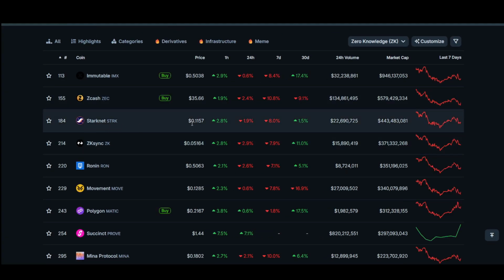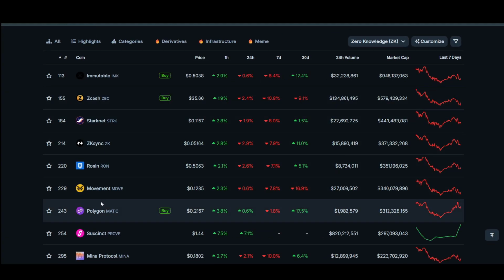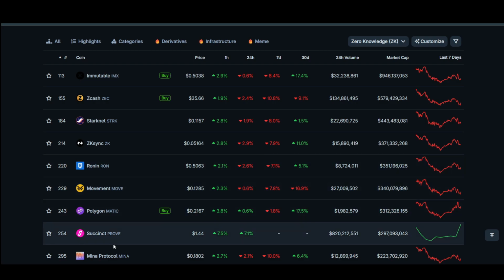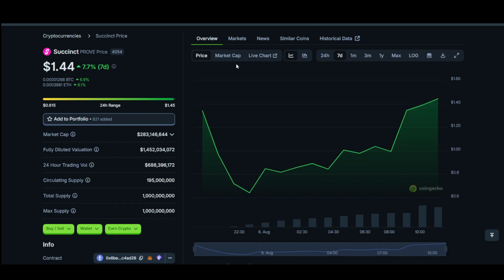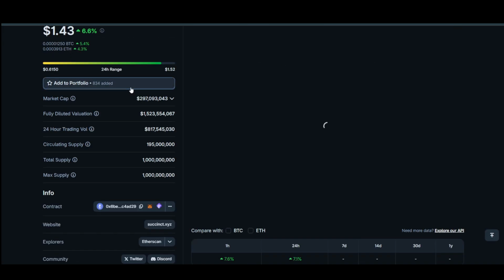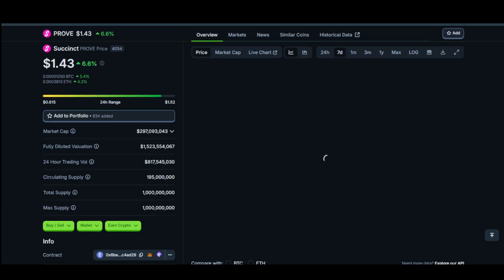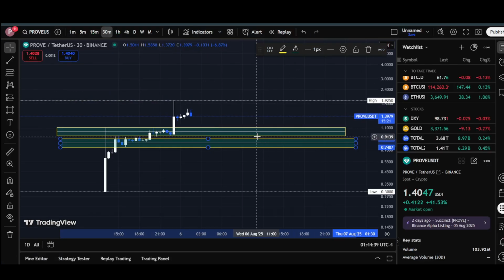Of course it's not as high as Polygon or even Movement, but again it's fairly big. I would say it can go as high as 500 million or even higher than that, since it just launched.